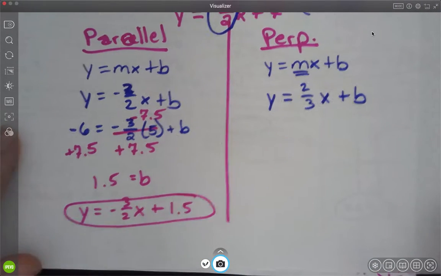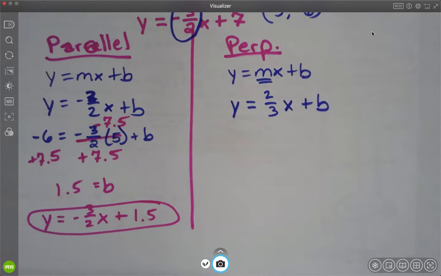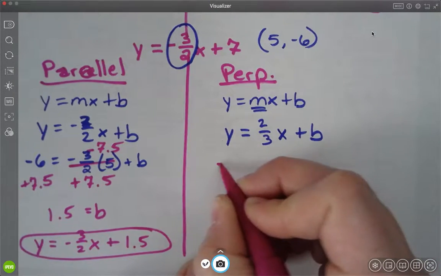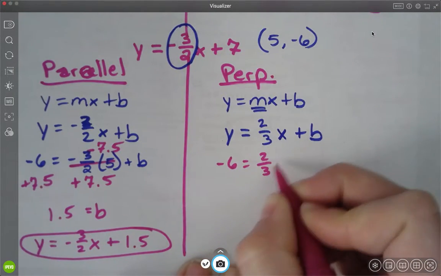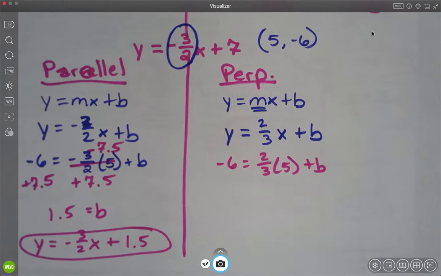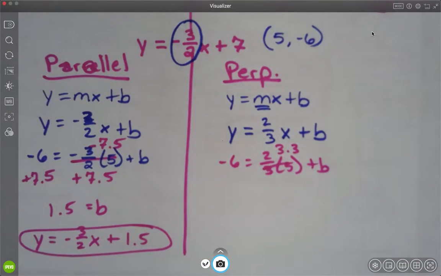Now let's do this one over here. How do I find b in that spot? Do the same thing. 5, negative 6. Negative 6 is going in for y. What's 2 over 3 times 5? 3.3. Check me.